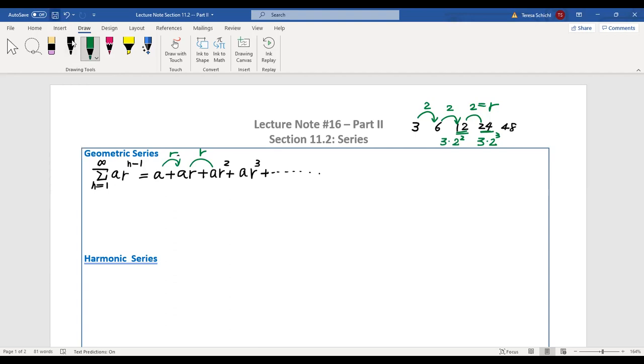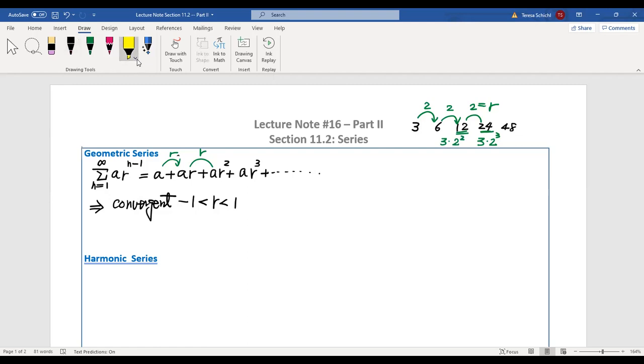One thing about the geometric series: if it is convergent, then r will be between 1 and -1. It cannot be 1, because if it's 1, it will just be a plus a plus a plus a, which is divergent. Anytime the absolute value of the ratio is less than 1, we know the series converges.